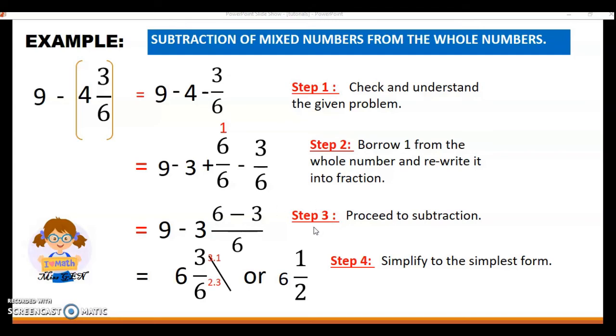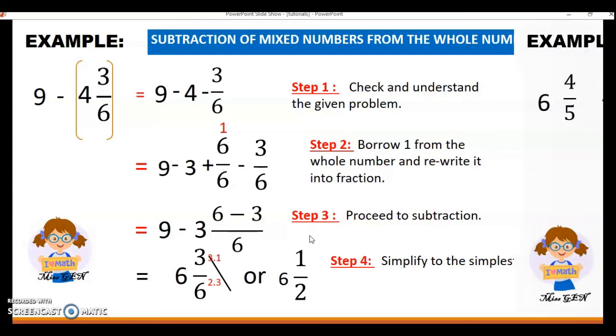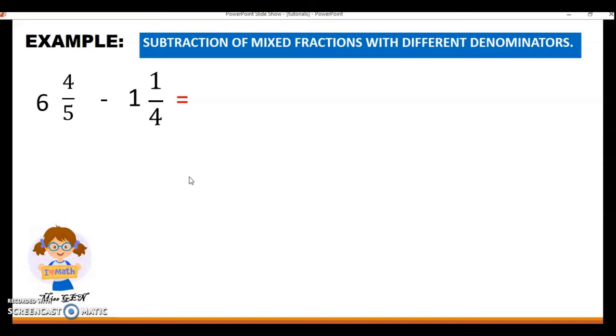Let's try another example. This time, we will subtract mixed fractions with different denominators. For example, we have 6 and 4 over 5 minus 1 and 1 over 4. We will be using the butterfly method.